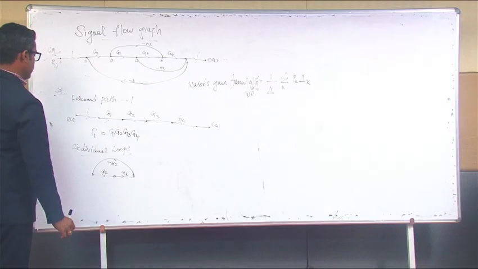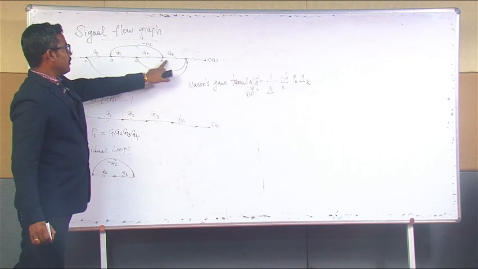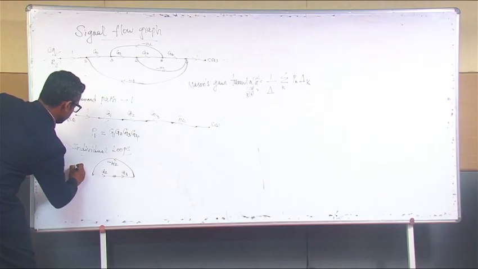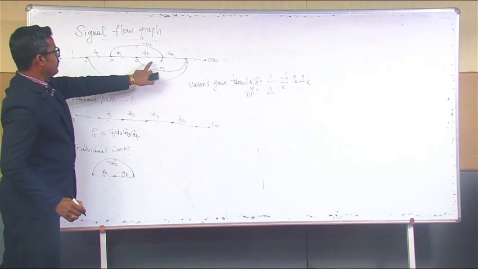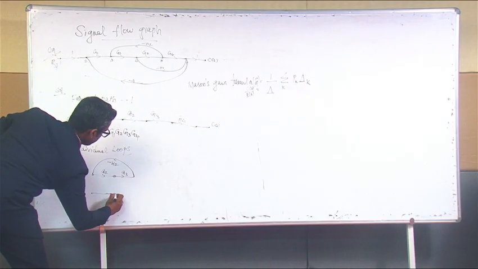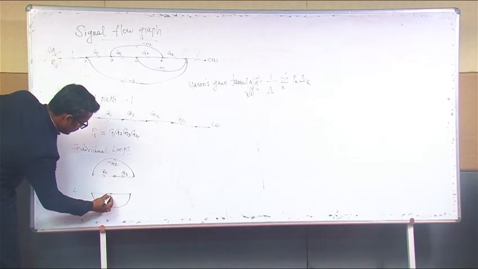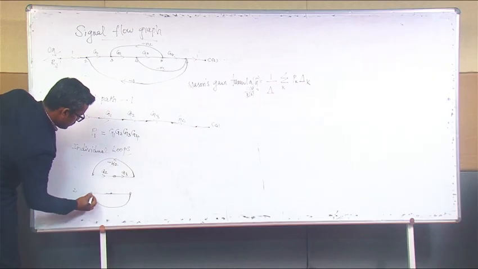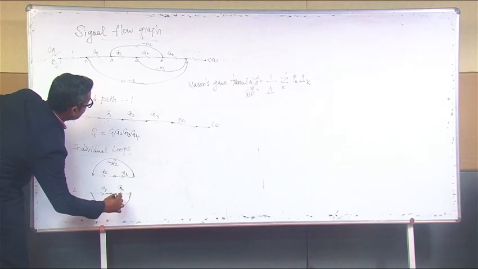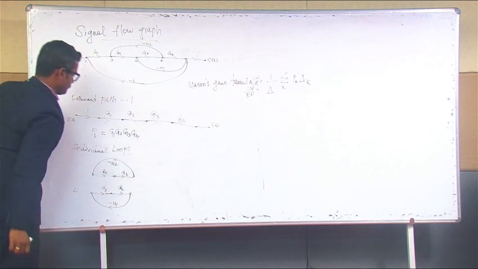Another individual loop is this one, from node 4 to 5, 6 and again coming back to node 4. Here this is G3 and this is G4, and while coming back it is minus H1.